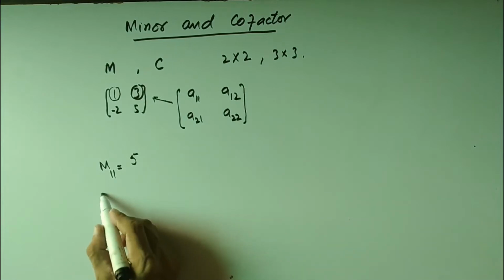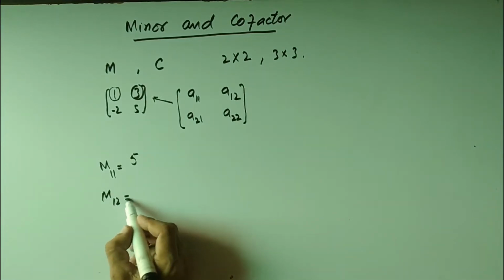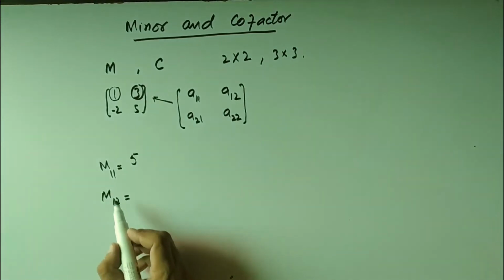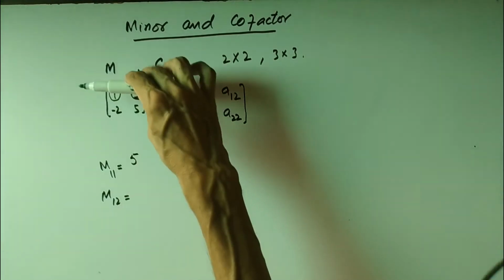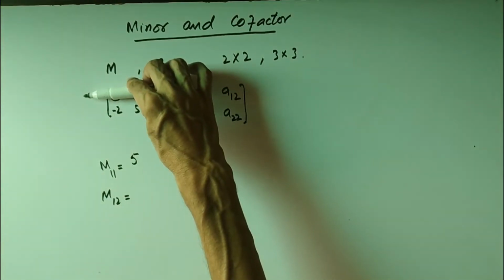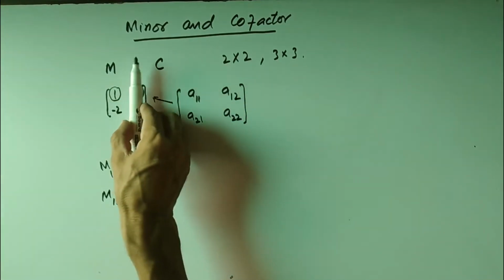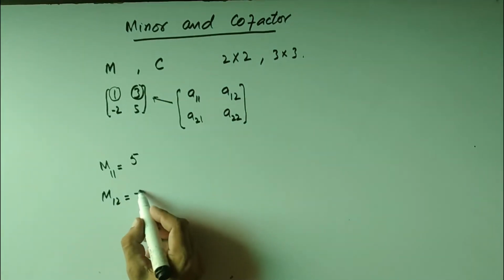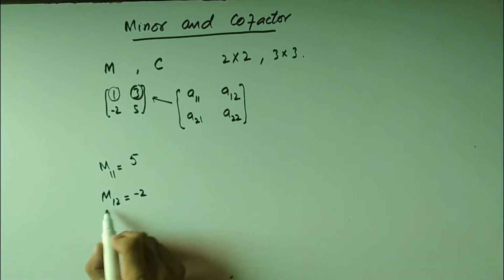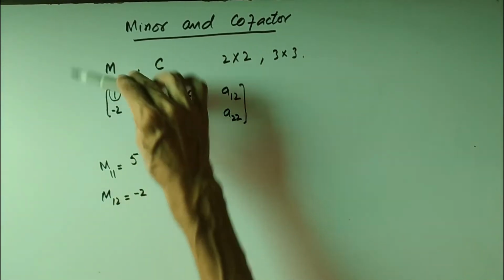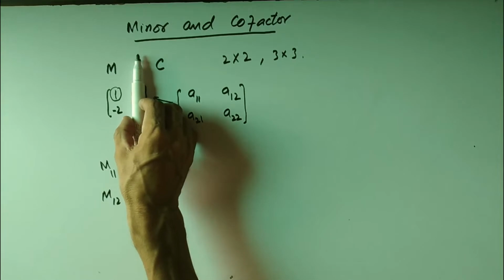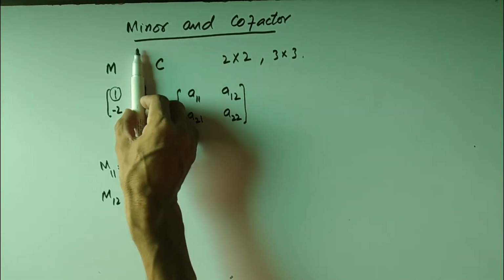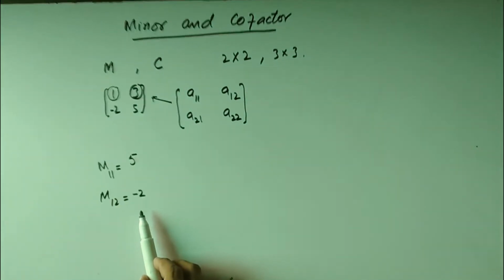Similarly M12 means first row and second column, so the answer will be minus 2. क्या करेंगे M12 के अंदर, पहली रो और सेकंड कॉलम को छोड़ देंगे और जो आंसर रह जाएगा वो माइनर होगा.